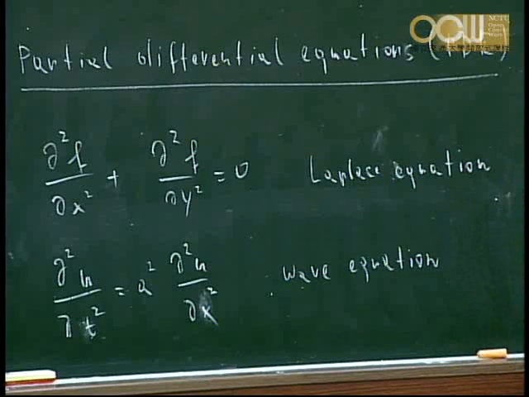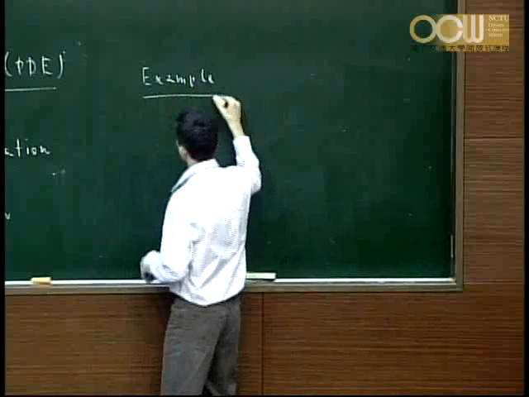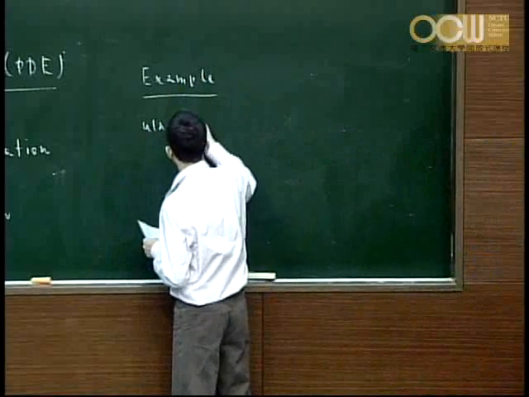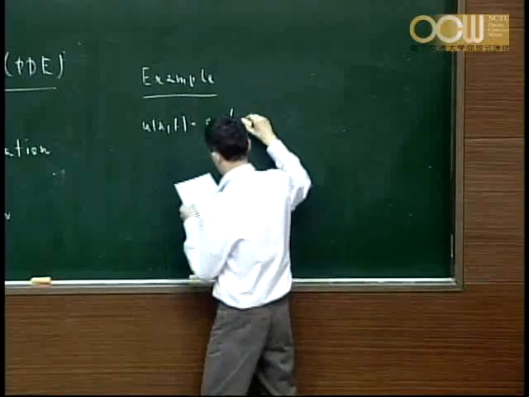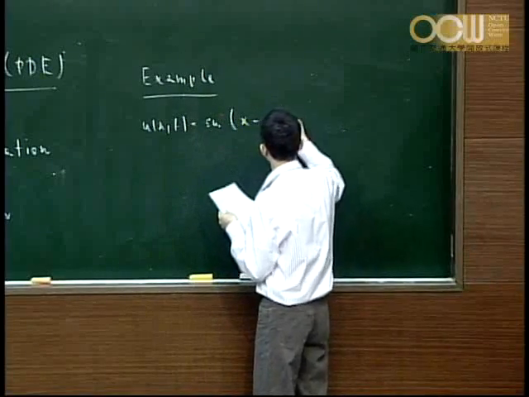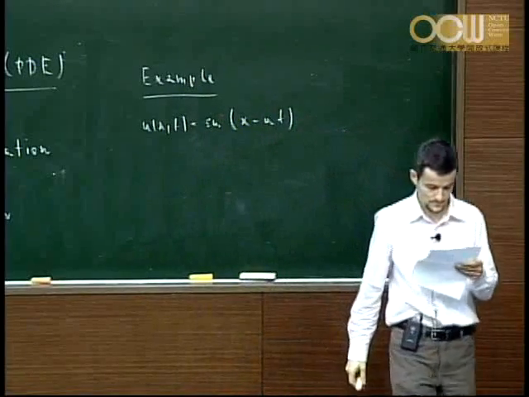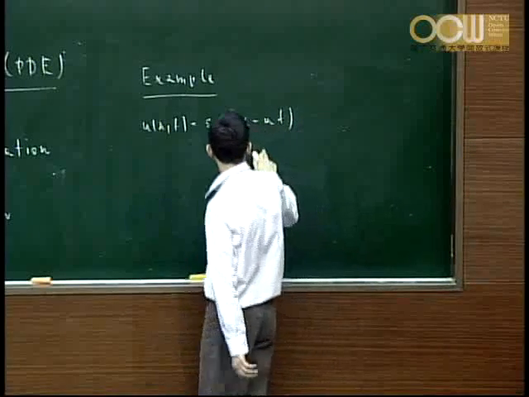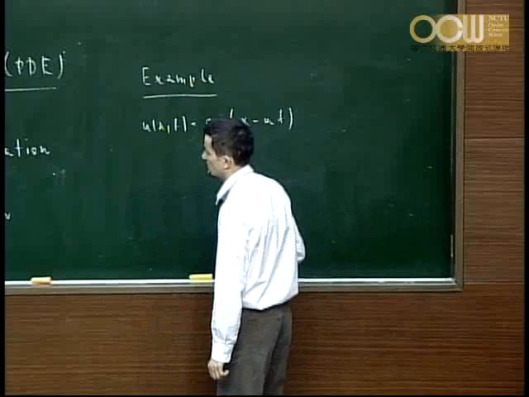The most straightforward one, which you would expect from the example I just presented, is a sine function. So this one, sine of x minus at. And of course, it's easy to check that this function satisfies the wave equation.